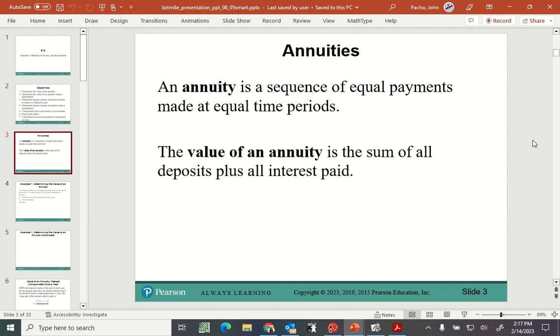Okay, the bottom of the page, you're going to look at this bottom slide, and it says, annuity is a sequence of equal payments made at equal time periods. Now, annuity is different because you're paying yourself. This is part of an investment. It is going to be a payment, coming out of your pocket. So next to this, you're going to write that this is a payment. In our calculator, it is PMT.